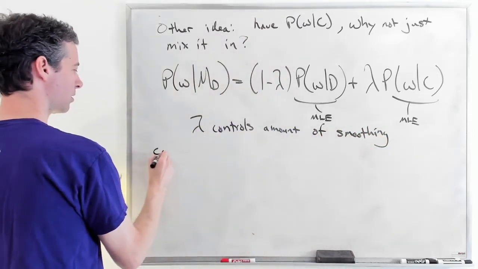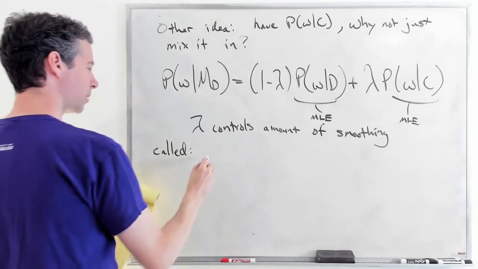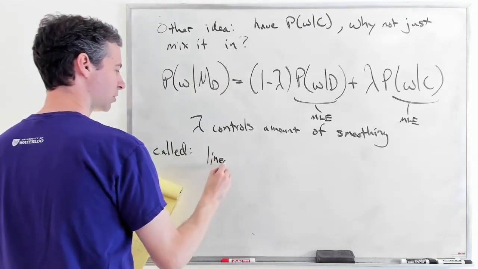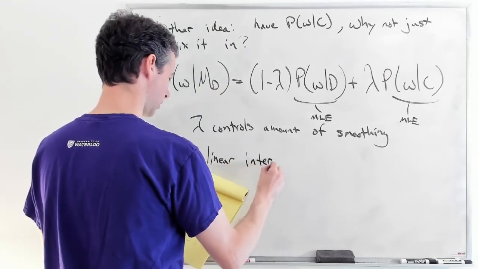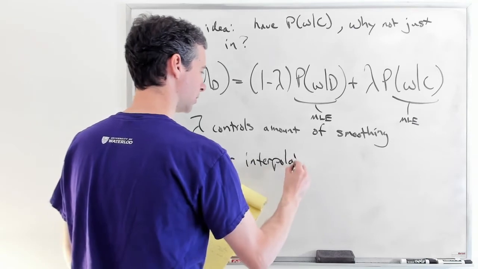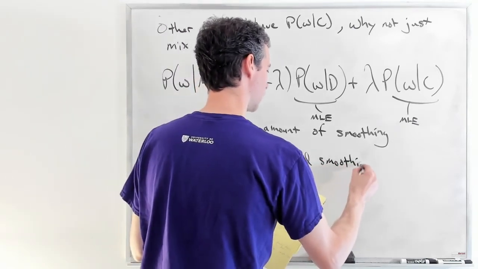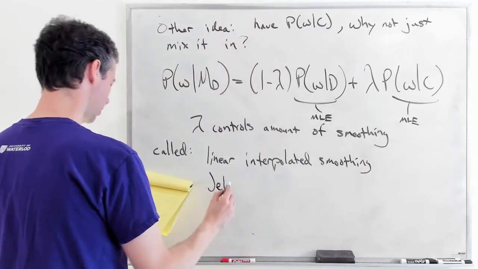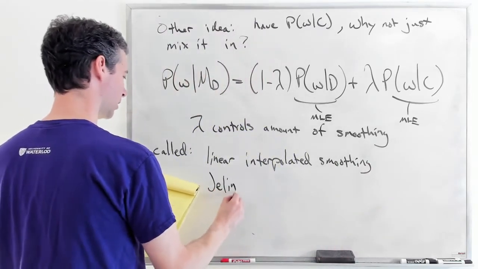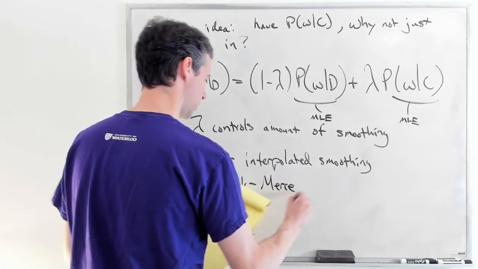This methodology will show up under multiple names. In the machine learning world, and in some other fields, you'll see it simply called linear interpolated smoothing, which is actually quite an accurate name for it. In the information retrieval literature, it's called Jelinek-Mercer smoothing.